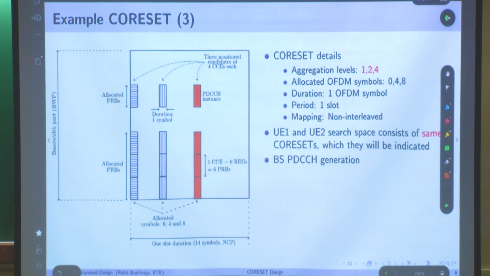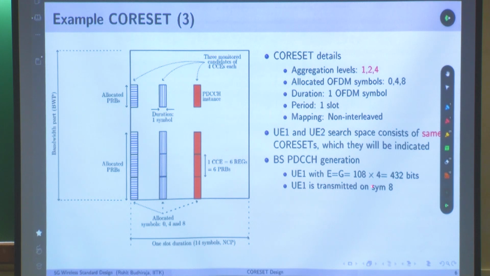So what happens? PDCCH generation, UE1: it is being sent at aggregation level 4. Same 432 bits. UE1 is transmitted on symbol 8 as usual. Where is UE2?